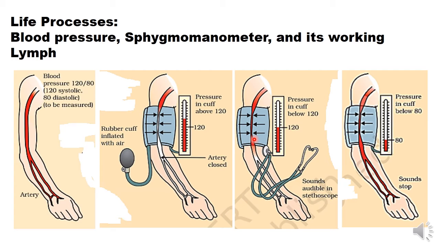But when is it going to really open? Exactly at that moment, children, when the pressure over here, this pressure which is continuously being monitored, equals the pressure with which your ventricle has pumped the blood, that is systolic pressure. Otherwise, if that pressure is any less, the blood will not start flowing.